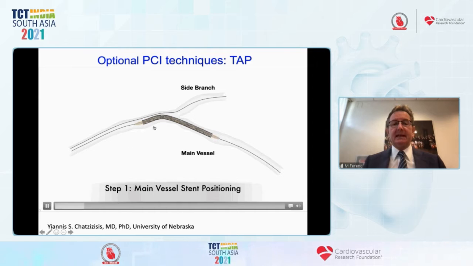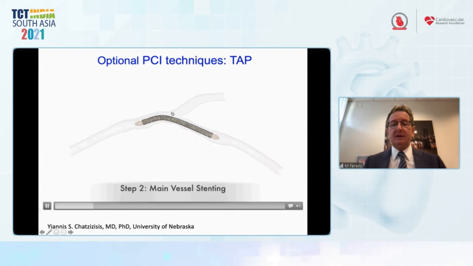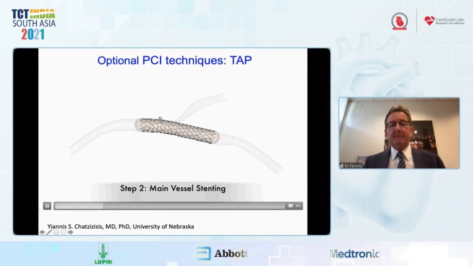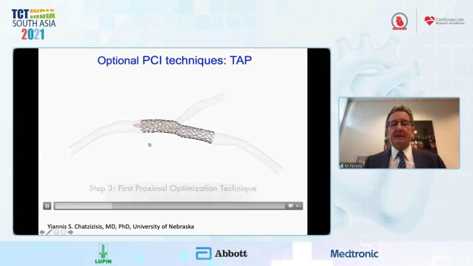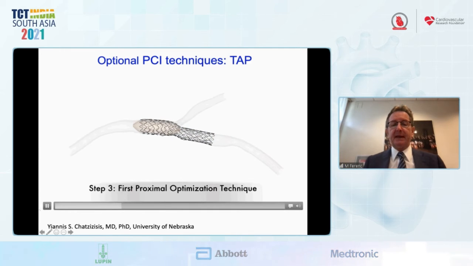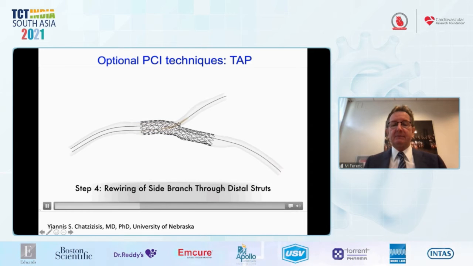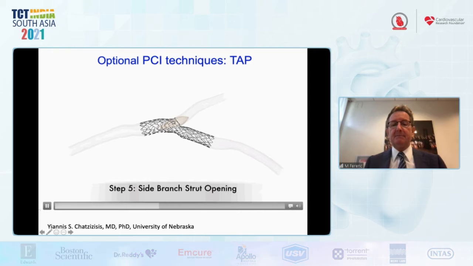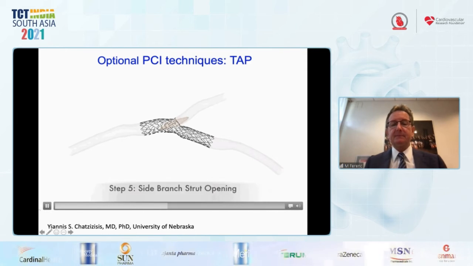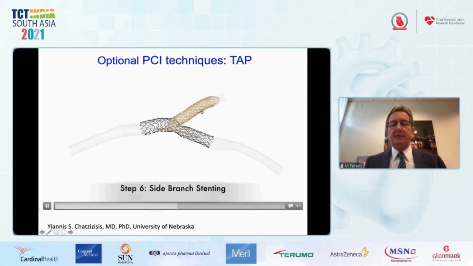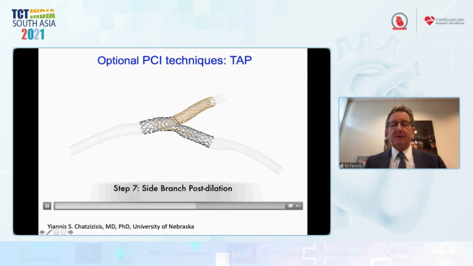So you stent in TAP the main branch, you make the POT procedure with a short balloon, then you rewire very close to the carina and open the struts. You can do this with a single balloon maneuver or kissing. Then you put the side branch stent with minimal protrusion and perform kissing and the final POT.